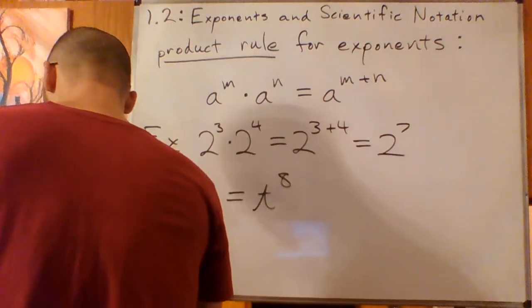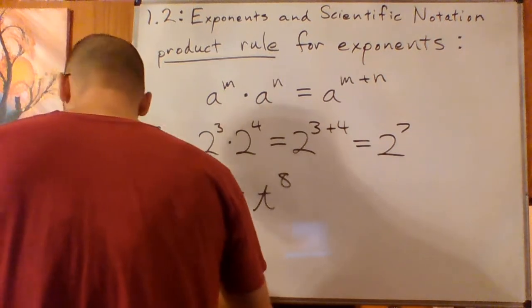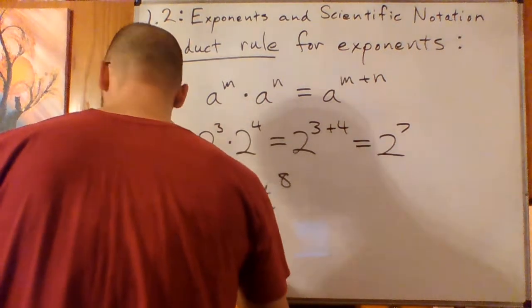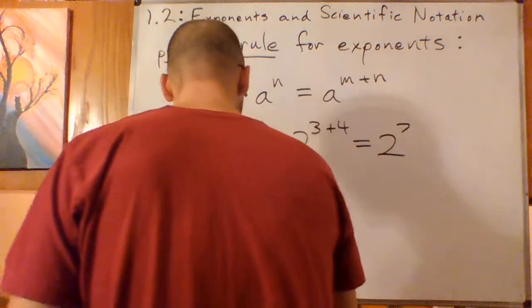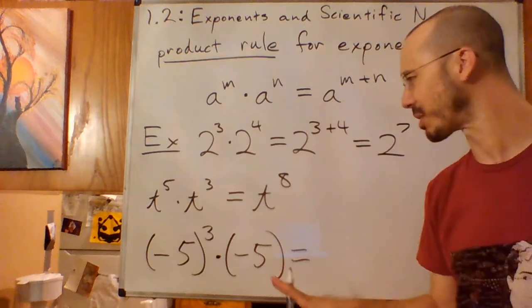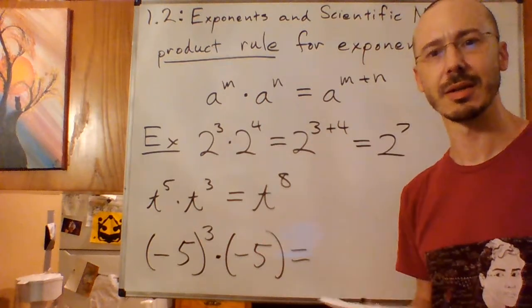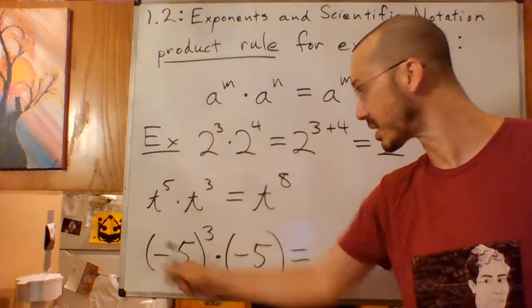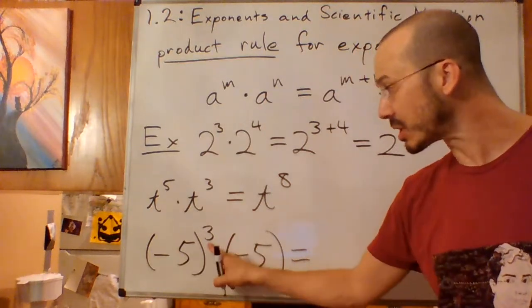Finally, I've got a couple more, but this one, let's do negative 5 to the third times negative 5. I'm not going to completely simplify this and find the simplified value. I'm just going to apply the product rule. The base is negative 5. The exponent here is 3.